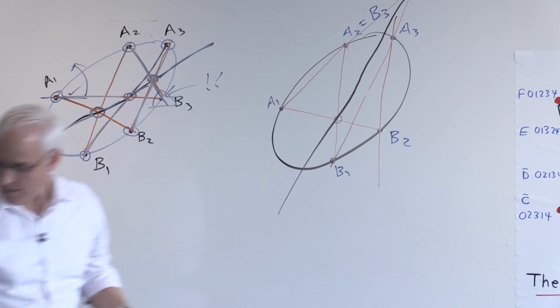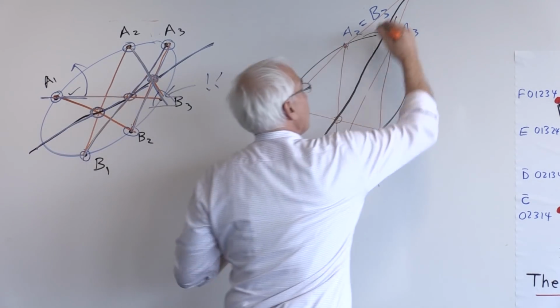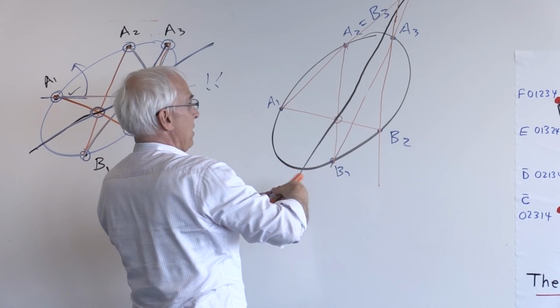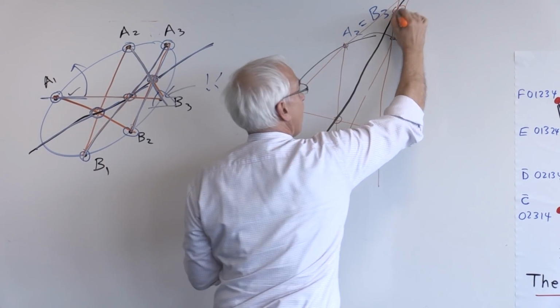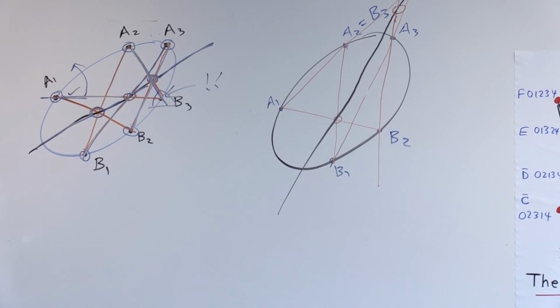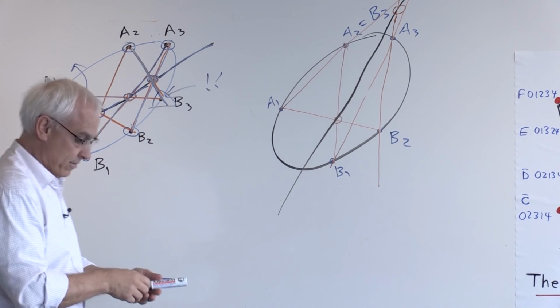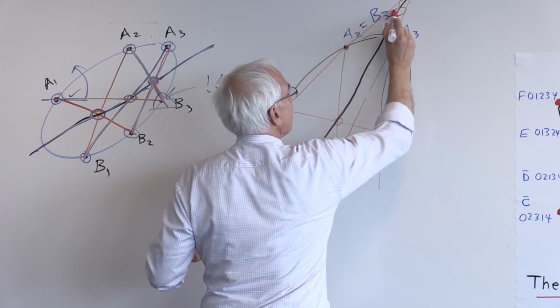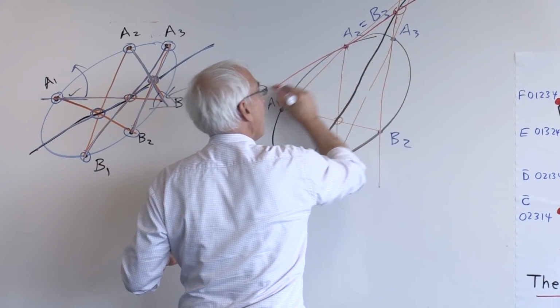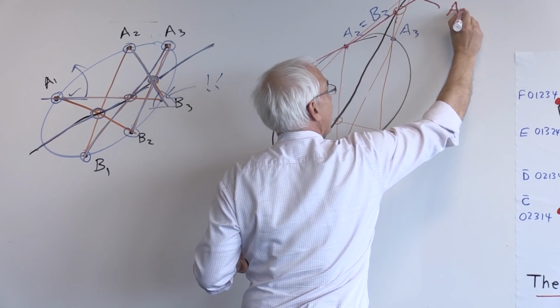So wherever that line meets our central line is going to be another one of our 3 points along the middle. And then having that one, we can now deduce that the line A2, B3 must be this one. It must go from here to here. That's the line A2, B3.